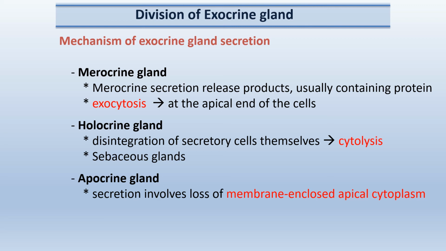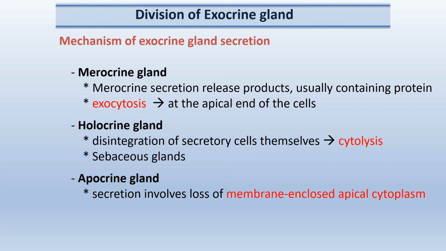And the second is holocrine glands, that is the holocrine secretion. Here cells accumulate product continuously as they enlarge and undergo terminal differentiation, culminating in complete cell disruption that releases the product and cell debris into the gland's lumen. This is best seen in the sebaceous glands producing lipid-rich material in the skin.